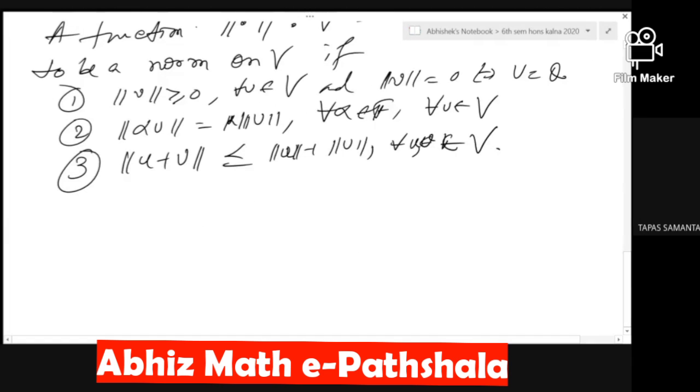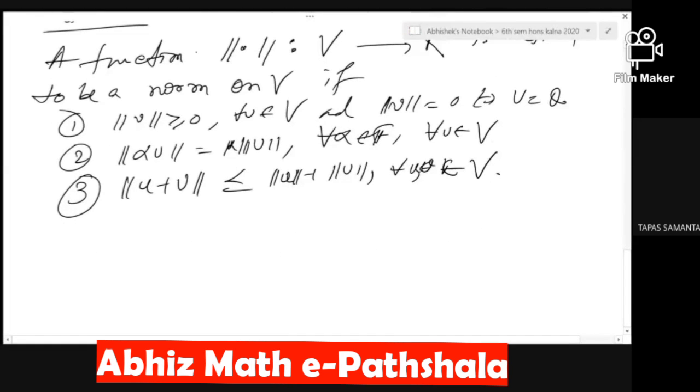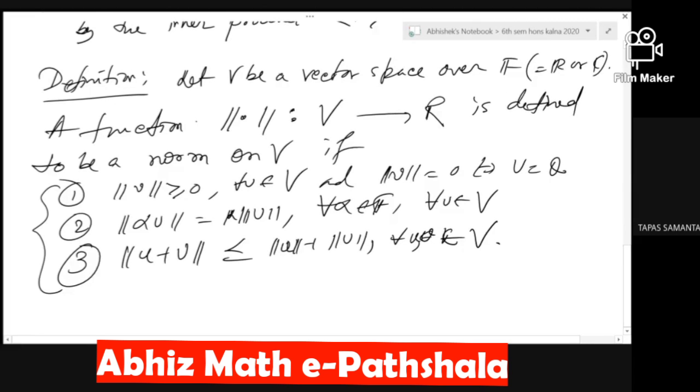So in this way, we have defined a general concept of a norm which has three basic axioms: number one, number two, and number three. Any function having these three axioms will be called a norm.